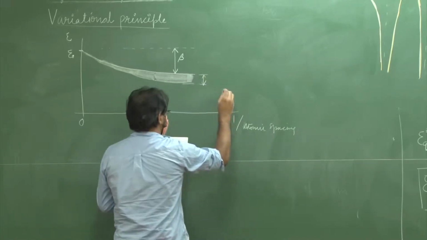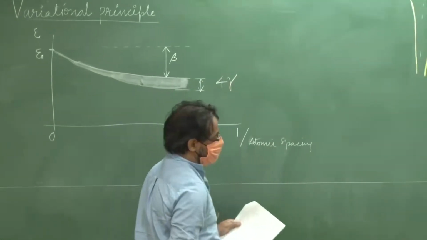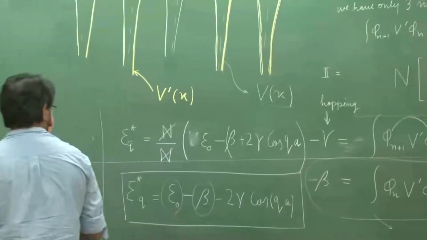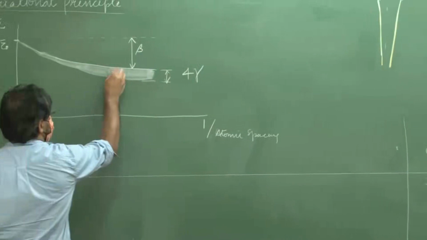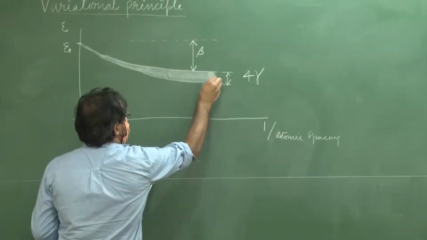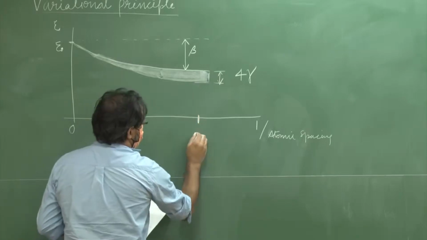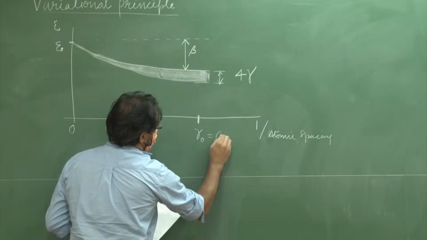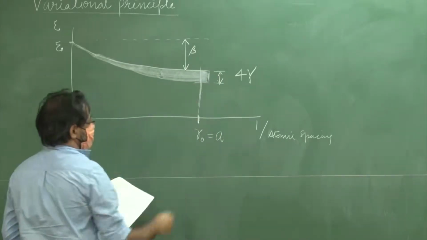So this is 4 gamma. Why 4? Because 2 gamma and 2 gamma will give you 4 gamma. So this is what it looks like. And let's say if this is R naught, which is equal to A in this case, then this is how it looks.